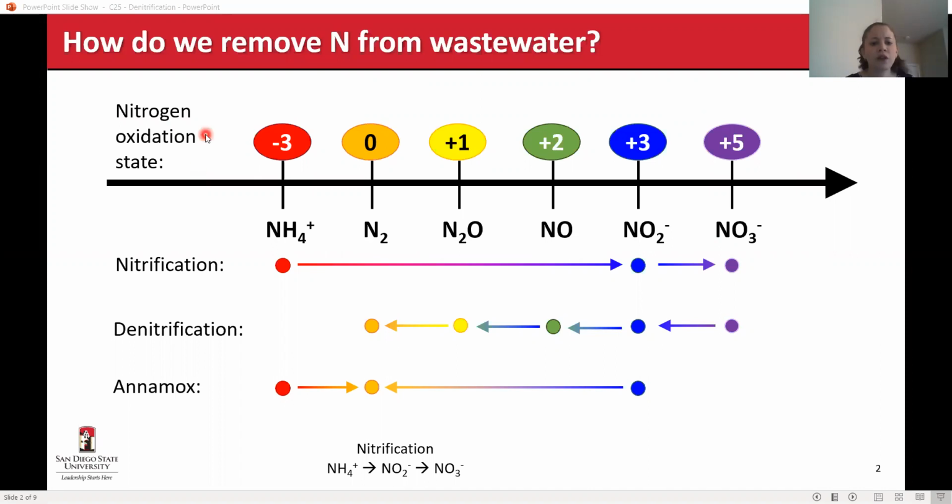One of the things that I didn't put on here but could be added would be organic sources of nitrogen, something like biomass or wastewater, things like that. And those typically have a -3 oxidation state for the nitrogen.